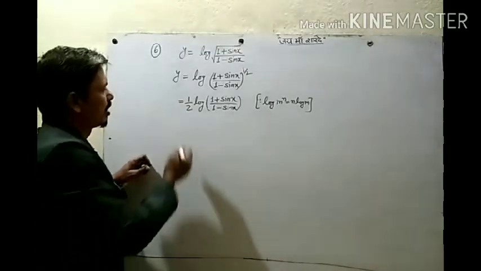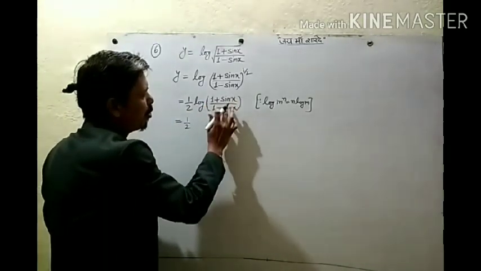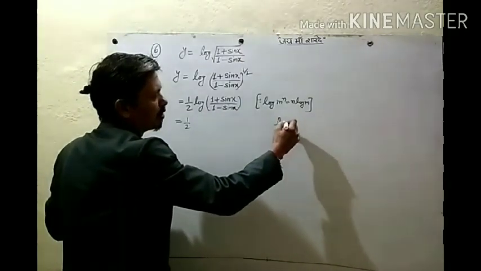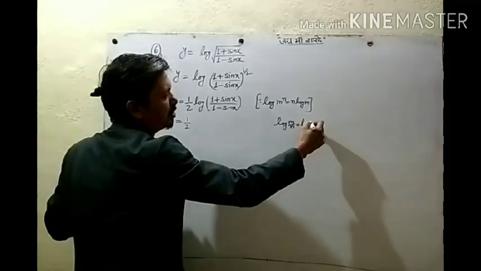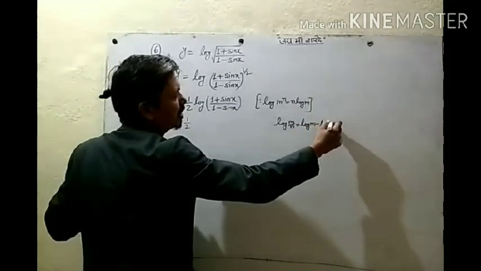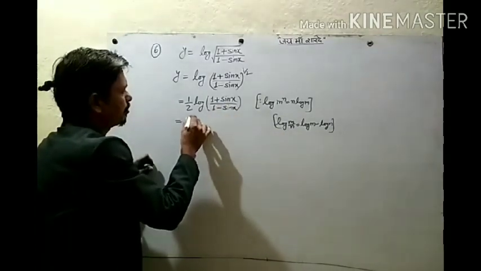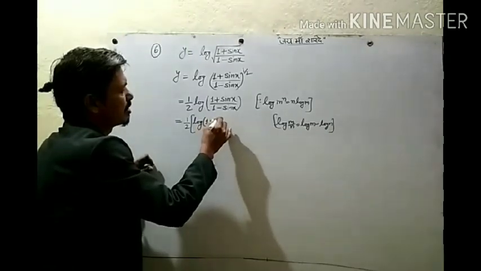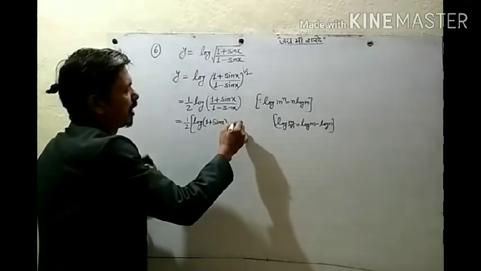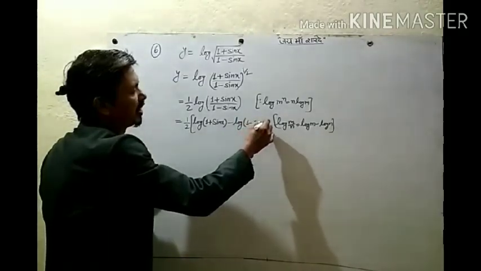Okay. Then again log of m upon n, log of m by n is log m minus log n. So by this property we can write this as log of 1 plus sin x minus log of 1 minus sin x.